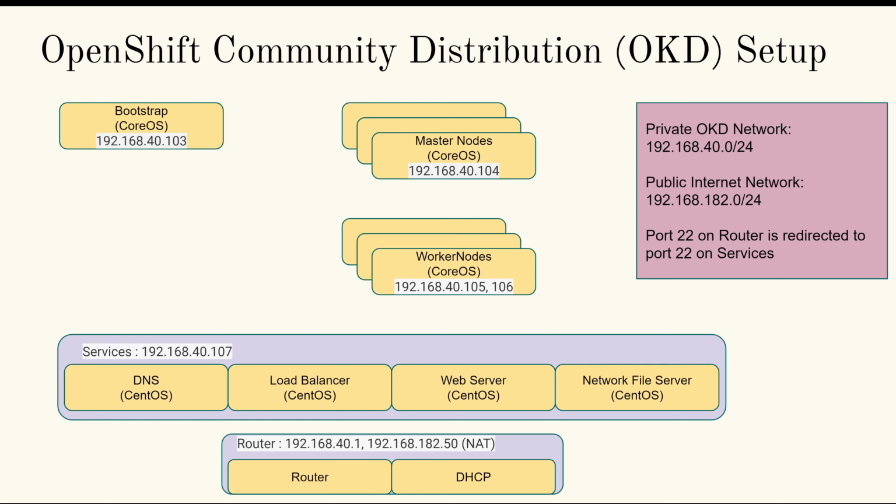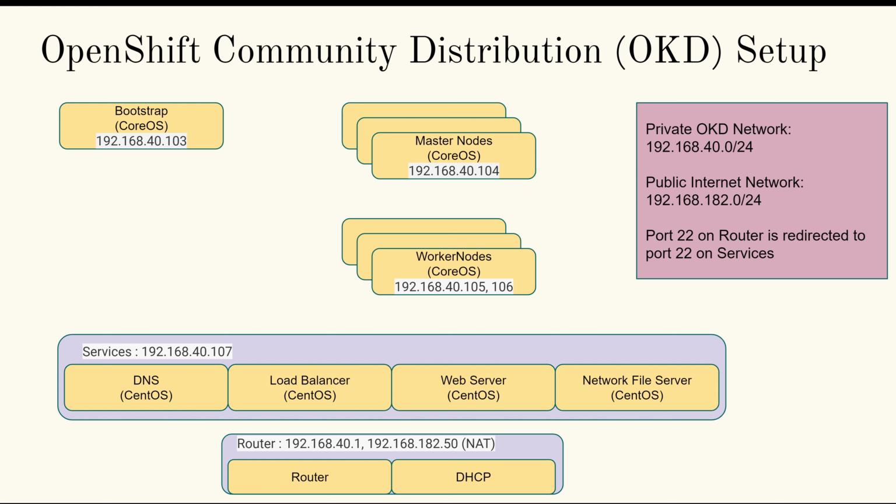And then I have a master node, only one, also fitted with Core OS, and its IP address is out there. And then I have two worker nodes also installed with Core OS. Their IP addresses are also out there.